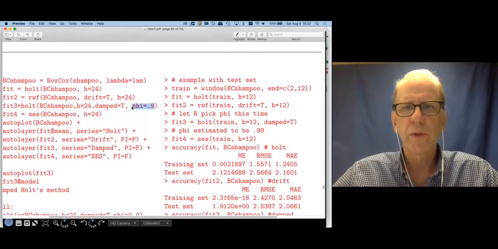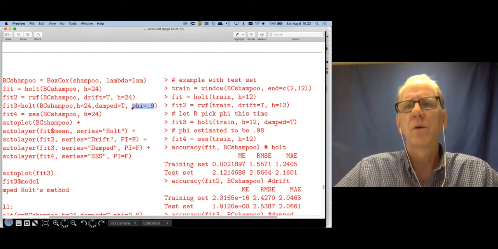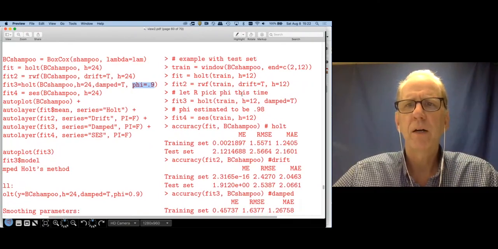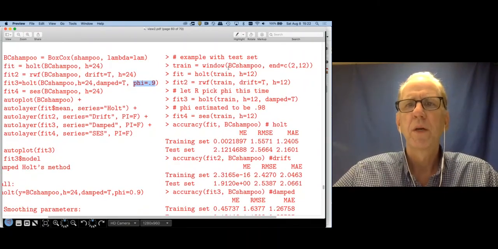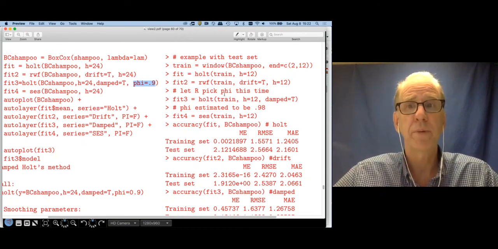I want to do one more thing with you, which is let's have a test set. So with this test set, I'll use the first 2 years as my training set, and we'll fit the same 4 models. The only thing I'm going to do differently this time is I'm going to let R pick the phi value for the damped method.